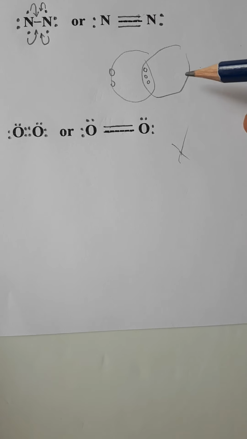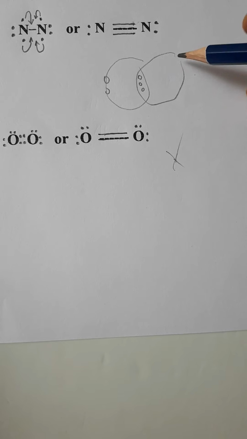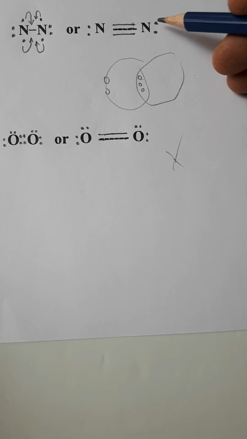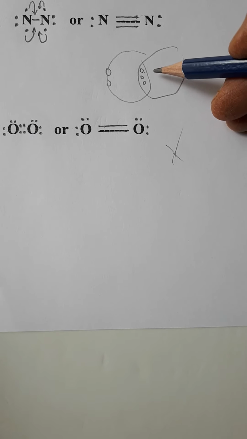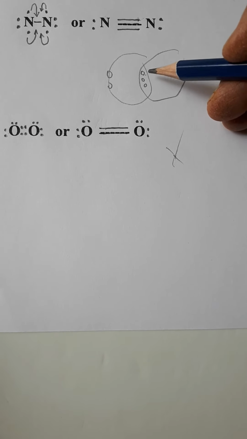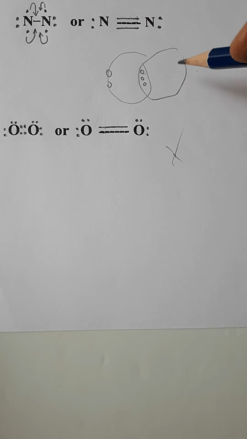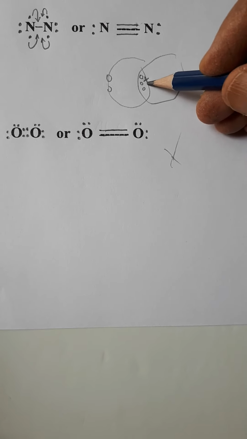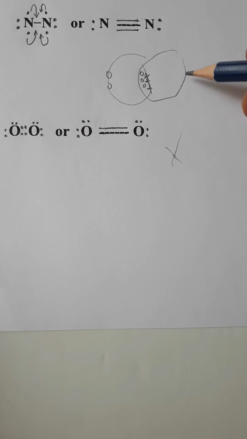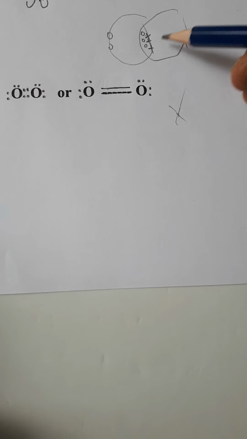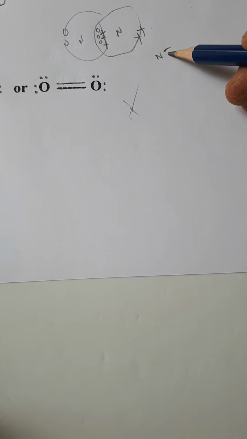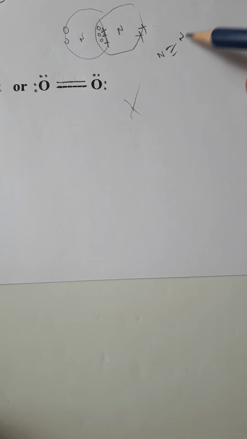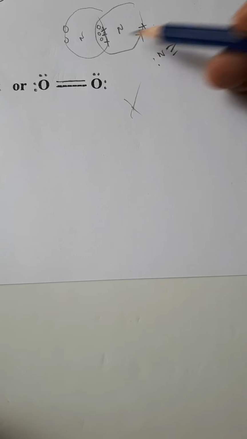And the next nitrogen atom, again 5, we put 5 electrons in the outermost shell, and 5, 6, 7, 8. So we need 3 more. So we have to put 3 electrons in the middle and 2 left. So now we can see between nitrogen and nitrogen there's a triple bond, and 2 electrons are remaining with each.